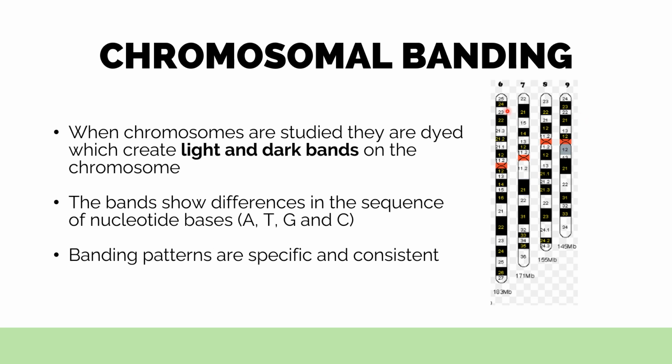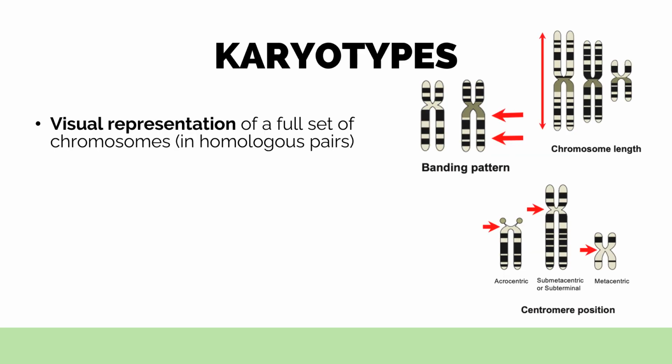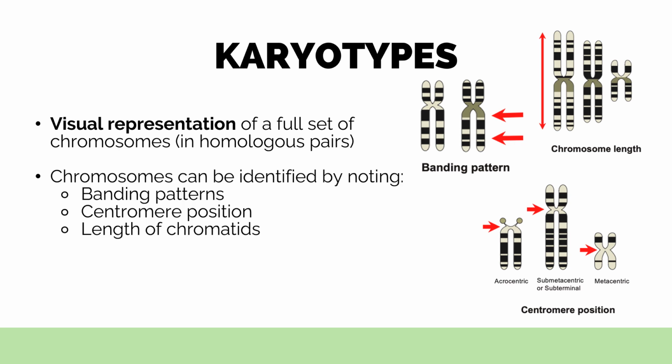For example, chromosome 6 will always have a banding pattern that looks like this, and chromosome 9 will always have a banding pattern that looks like this. So we use karyotypes as a visual representation of a full set of chromosomes in their homologous pairs.